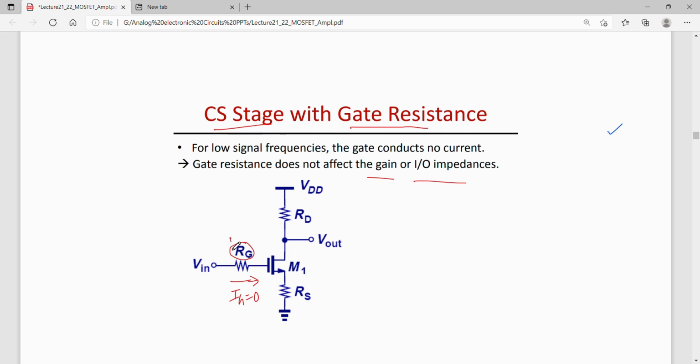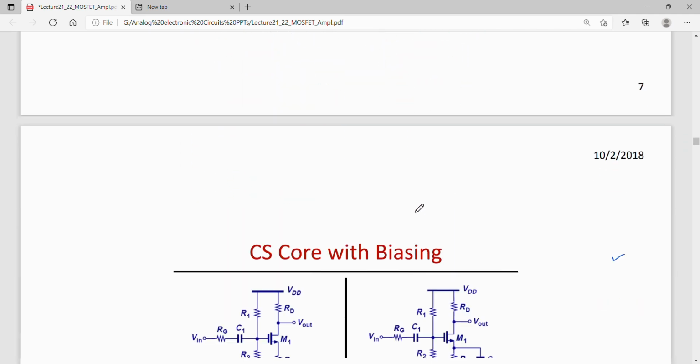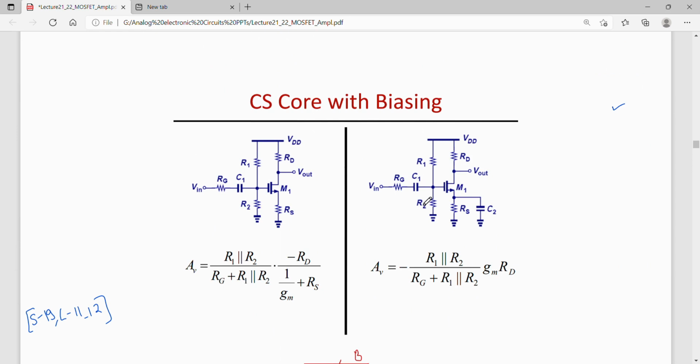So gain, R in, R out, they all are not affected by this Rg, because the gate conducts no current for small signal frequencies.